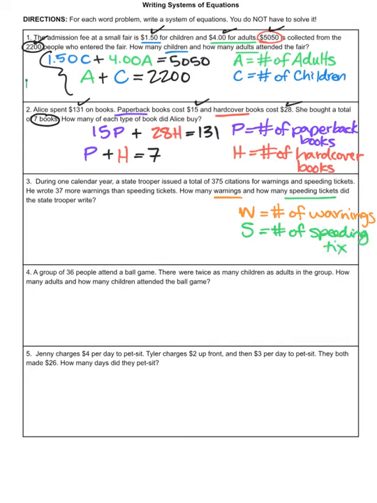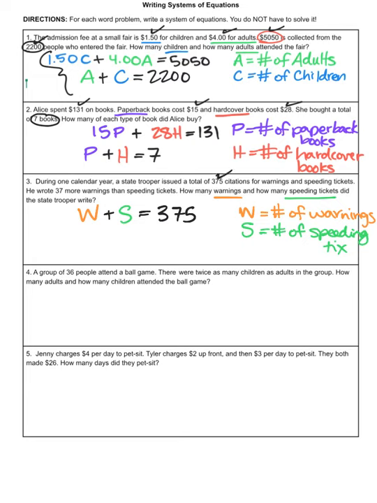Okay. So let's see. I know that he has a total of 375. So I'm going to write that equation first. However many warnings plus however many speeding tickets equals the total number of citations he issued, which was 375. So I checked off that.